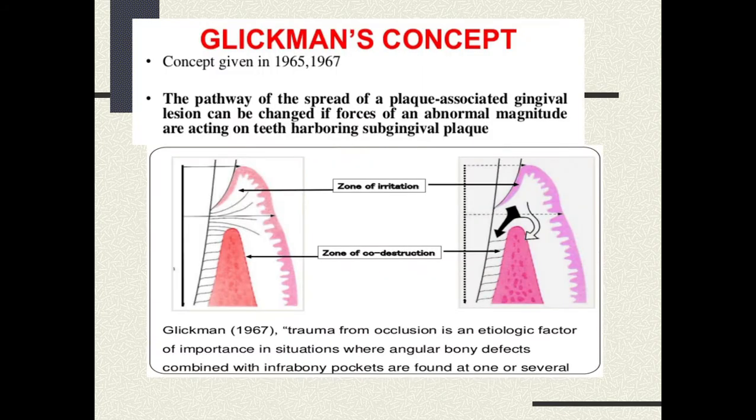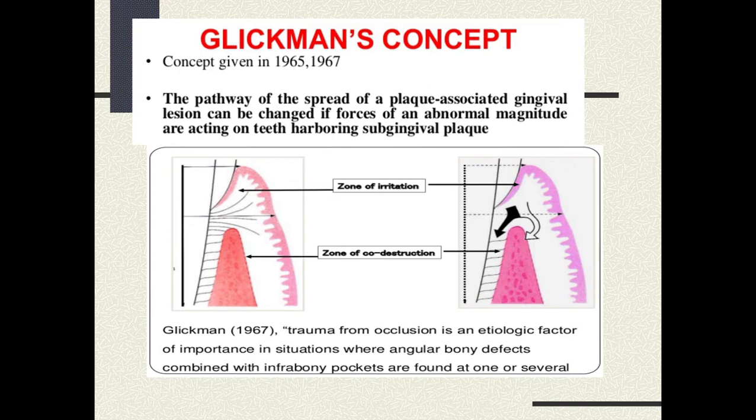There are two concepts related to trauma from occlusion. One was given by Glickman in 1965, and according to that, the pathway of spread of plaque-associated gingival lesion can be changed if forces of abnormal magnitude are acting on the teeth harboring the subgingival plaque.